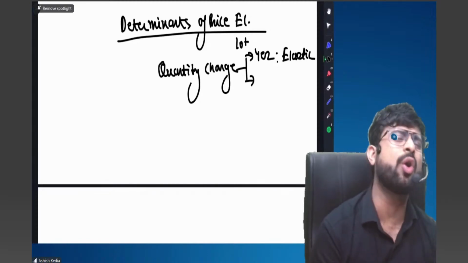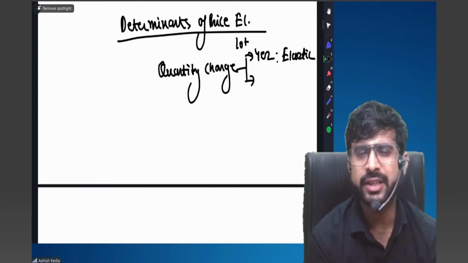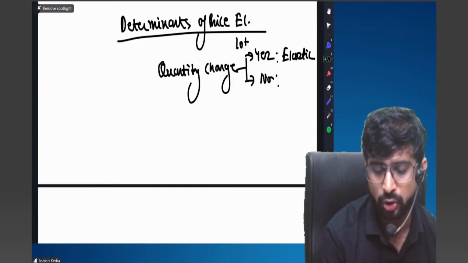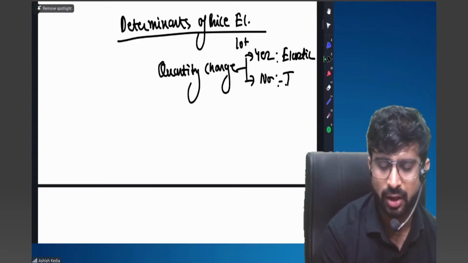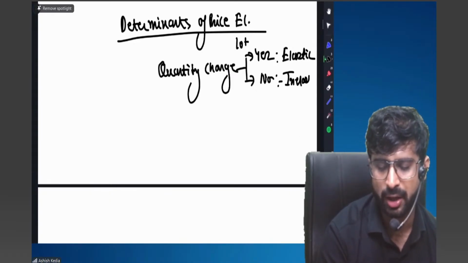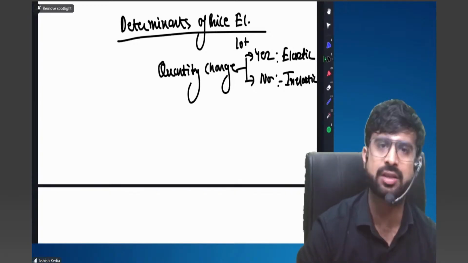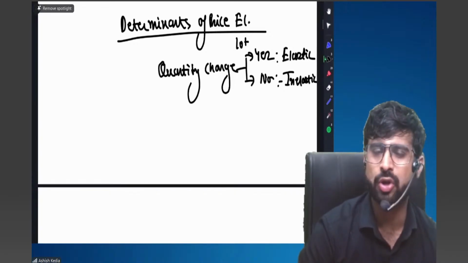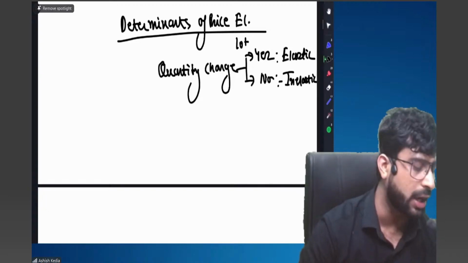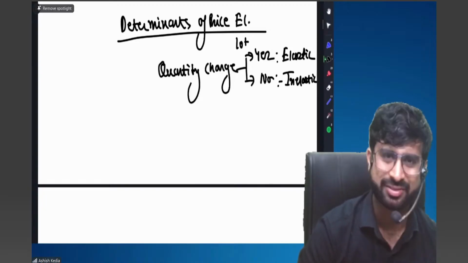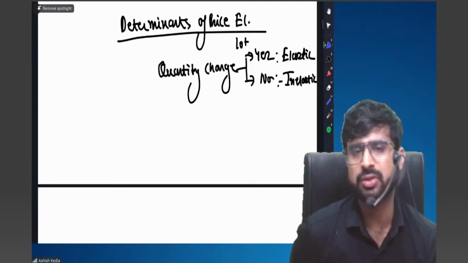But if your answer is that okay, demand might change, but not by much, so your answer is no, then your answer would be inelastic demand. If your answer is that quantity won't change by much, then it is a scenario of inelastic demand that you are studying. So I have answered this first.